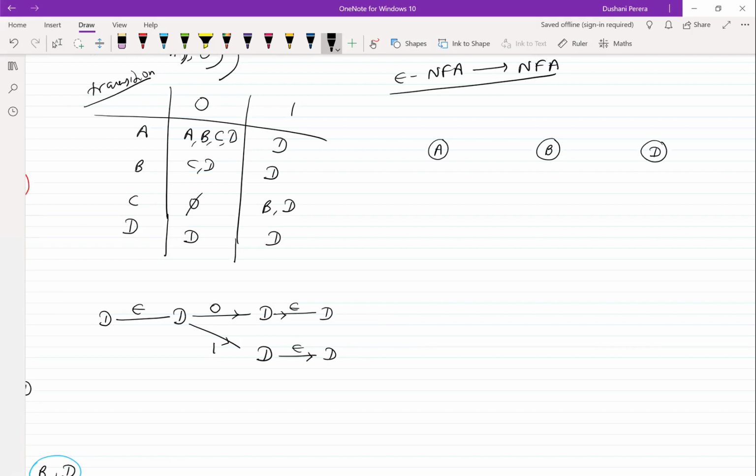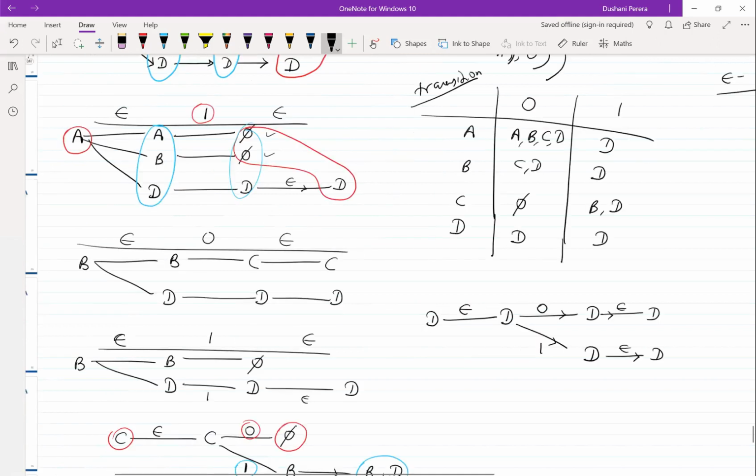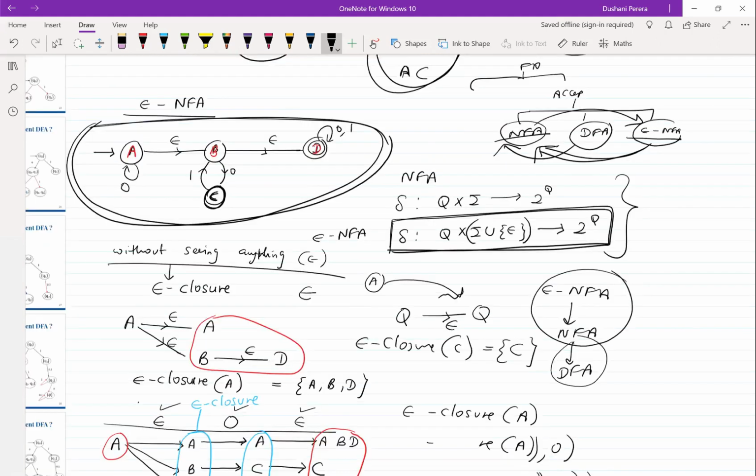Now there's something to remember. As you see here, D is my final state, but A can go to B, and B can go to D without any input. Because of this null symbol, I can directly go to D. Therefore, I have to make A and B also my final states.